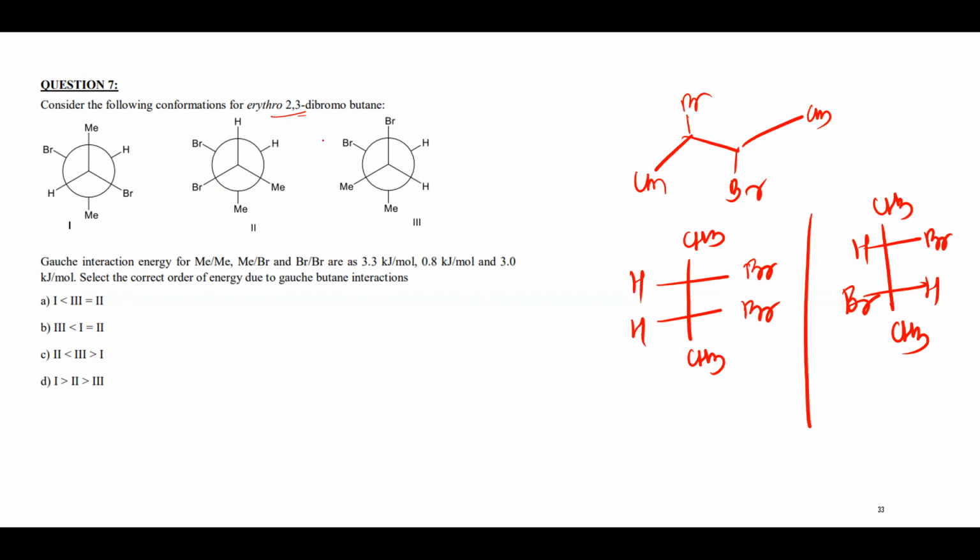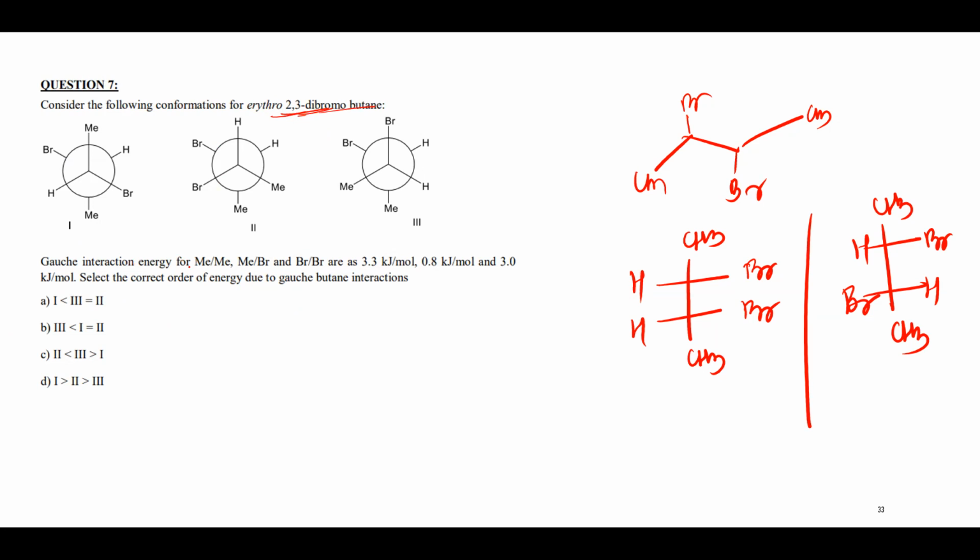So the erythro, with the bromines on the same side, and the methyl groups should both be anti, or opposite sides, to each other. The question is: consider the following erythro 2,3-dibromobutane.